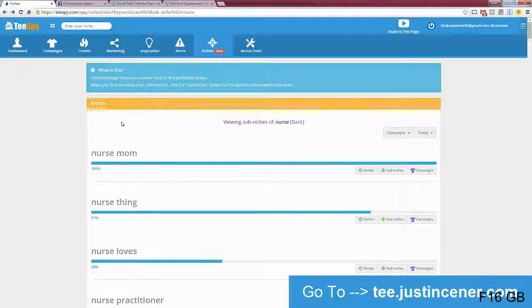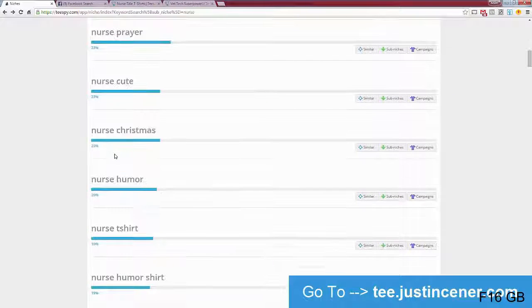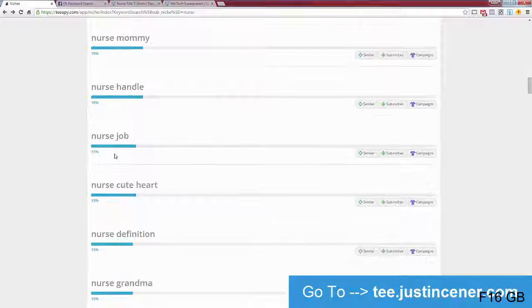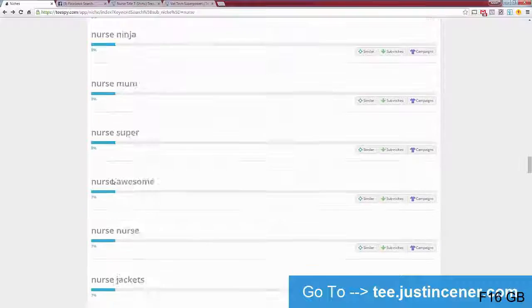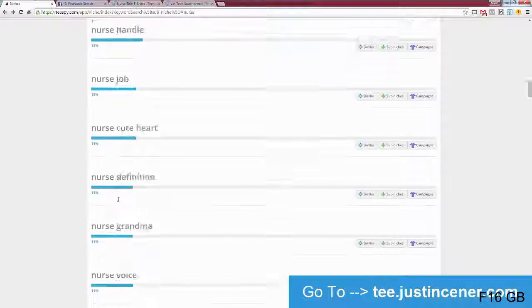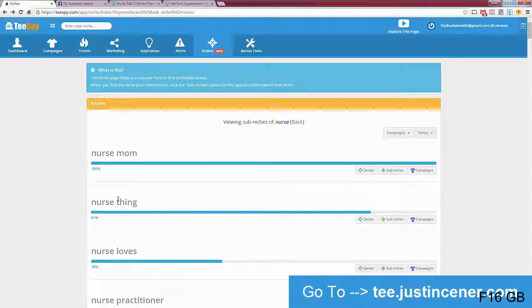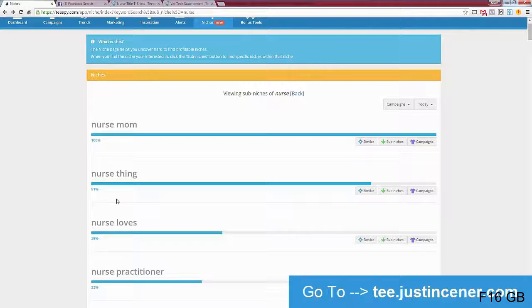And this is inside of the nurse, and then basically what they're calling sub niches. But they're pretty much just interest groups within the nursing group. So really great. It shows you the percentage in terms of how relevant the shirt's going to be, and this is a great way to get specific. And it's really a great way to find specific shirts.